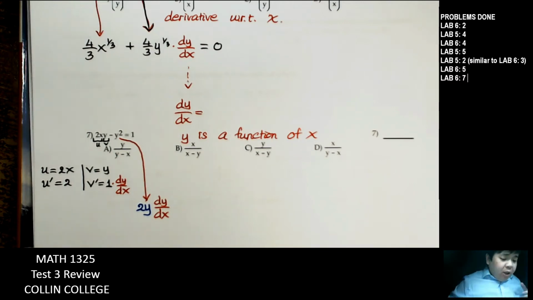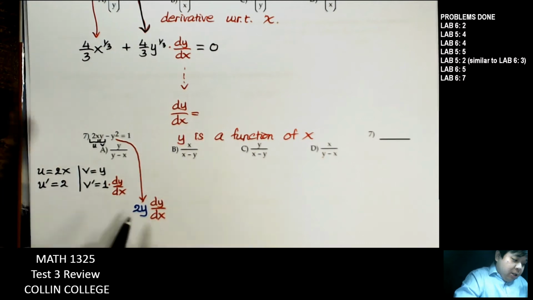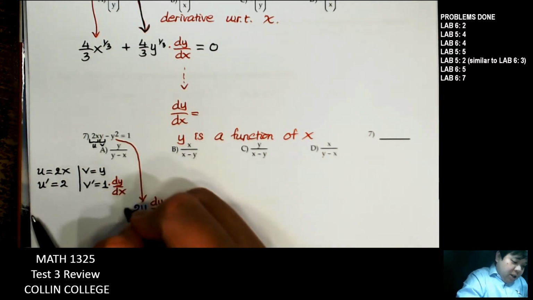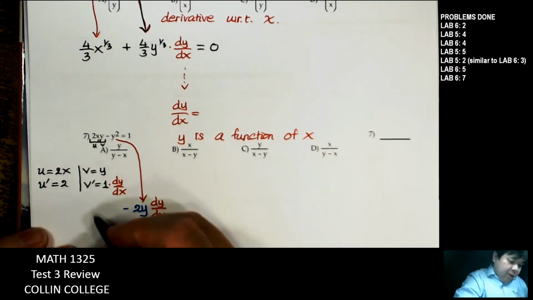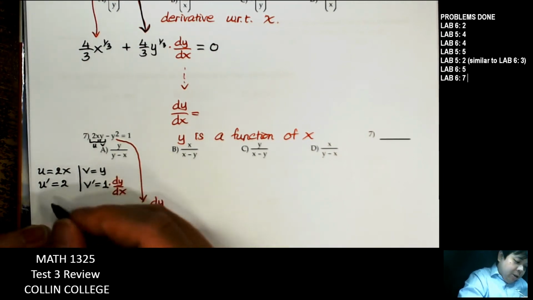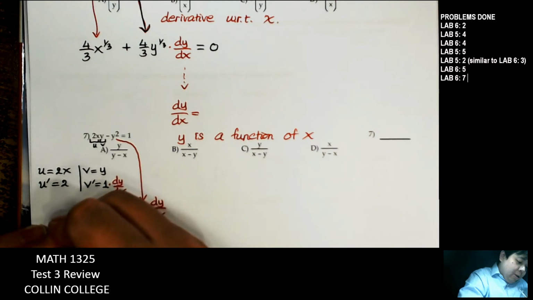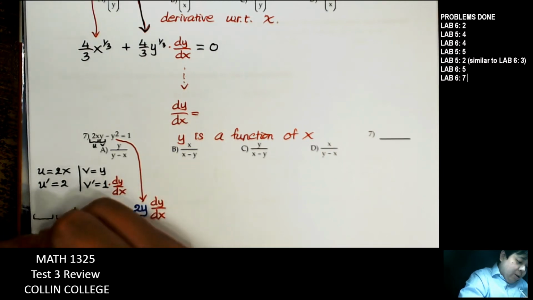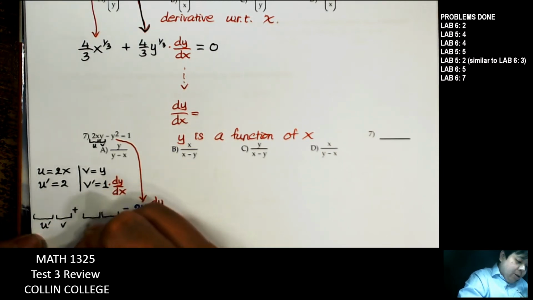The only difference, once again, every time y is a function of x, we have to stick the dy over dx. For the x, there's nothing, just like we normally do. So we have a product rule here. It's a minus here.